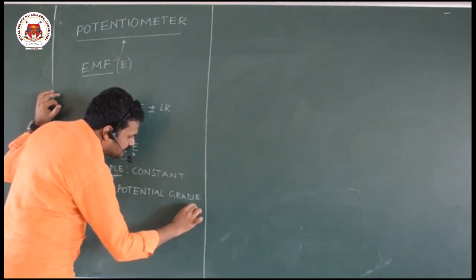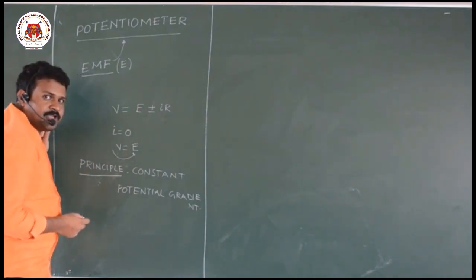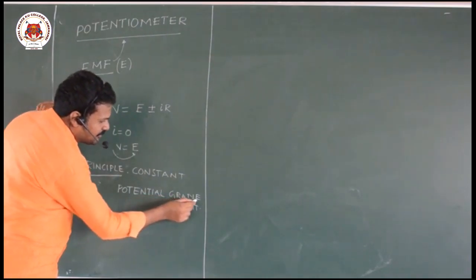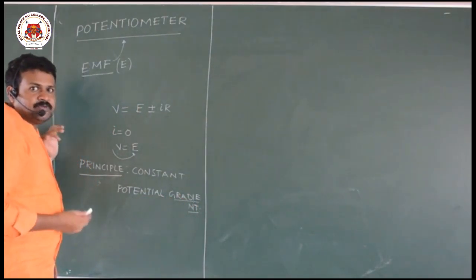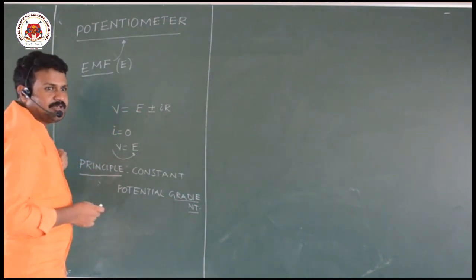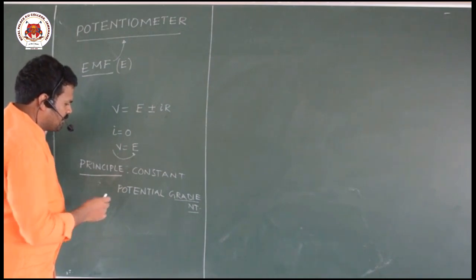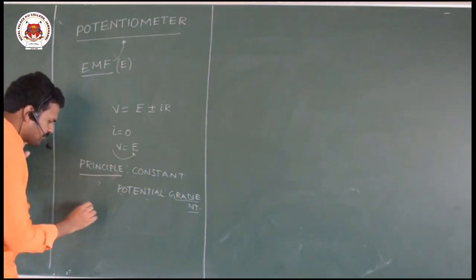In your first PUC you already studied temperature gradient. Whenever the word gradient is there, some physical quantity varies with length. We can call it pressure gradient, temperature gradient, or potential gradient. What is the meaning of potential gradient?